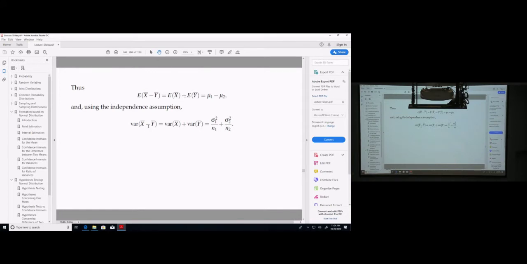Now the variance of this, again, you can think of it as X bar plus negative of Y bar. So it would be the variance of X bar plus the variance of minus 1 times Y bar. But when you pull out minus 1 squared, the minus sign will disappear. So that is why you have this.